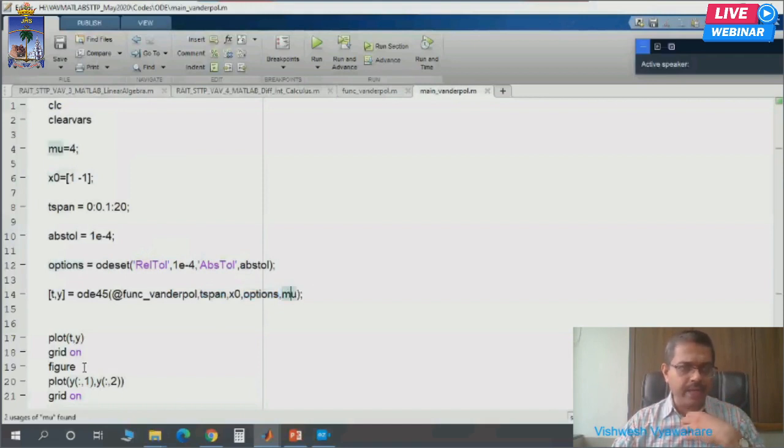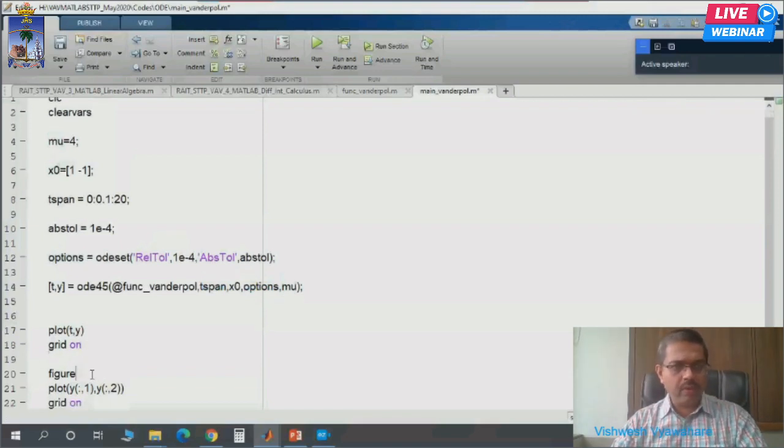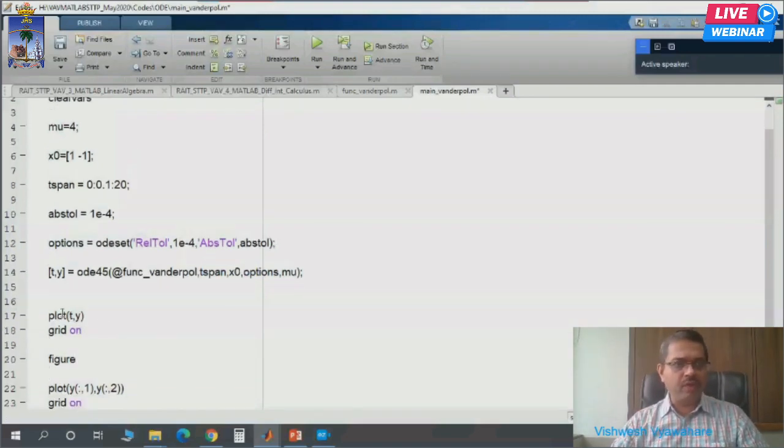Ultimately, I would like MATLAB to plot, first of all, y. On the x-axis there will be t, and on the y-axis there will be y. And second, I want MATLAB to plot x1 and x2, that means y and y dot.